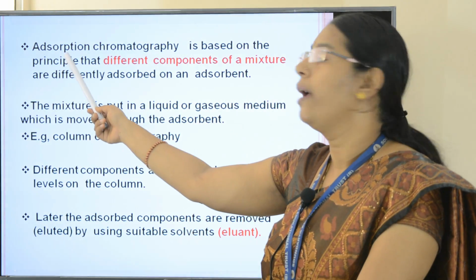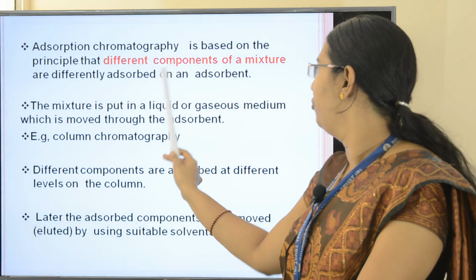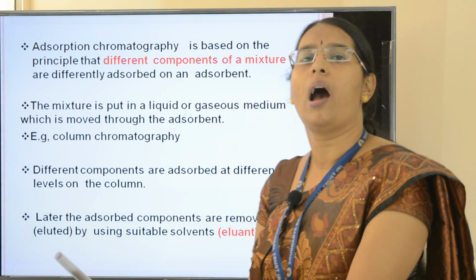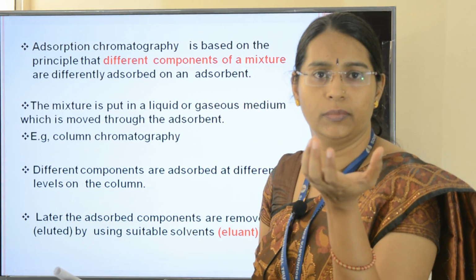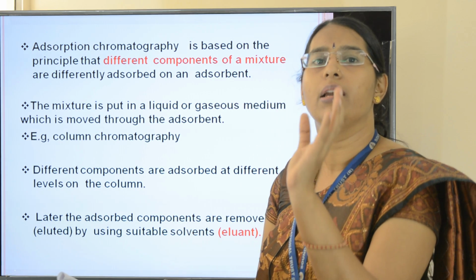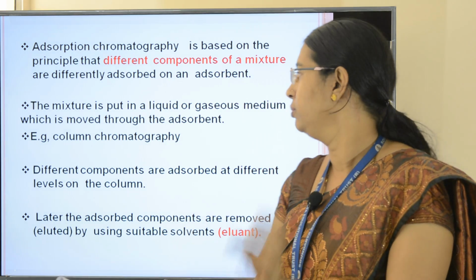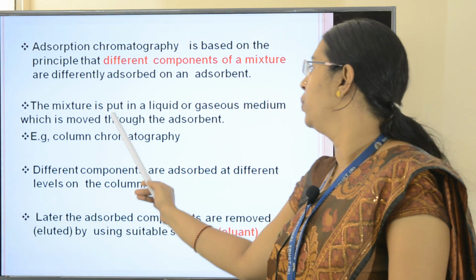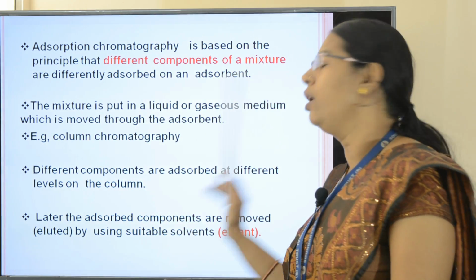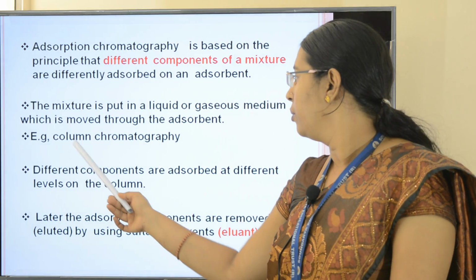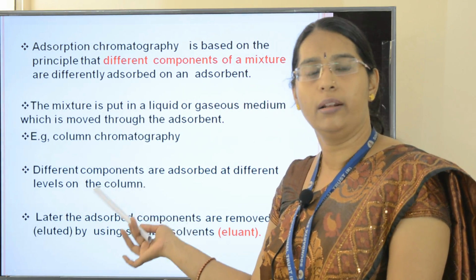Adsorption chromatography is based on the principle that the different components of the mixture are differently adsorbed on the adsorbent column, and when the mixture is put in a liquid or gaseous form, it is moved over the adsorbent. One example is column chromatography, another example is thin layer chromatography.